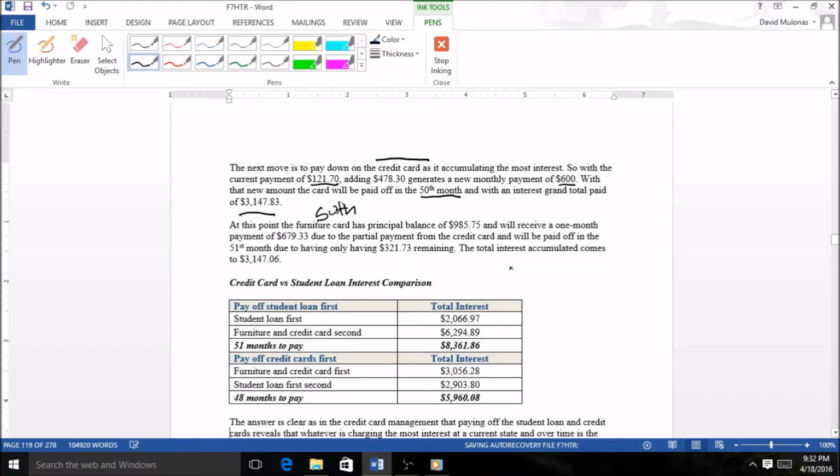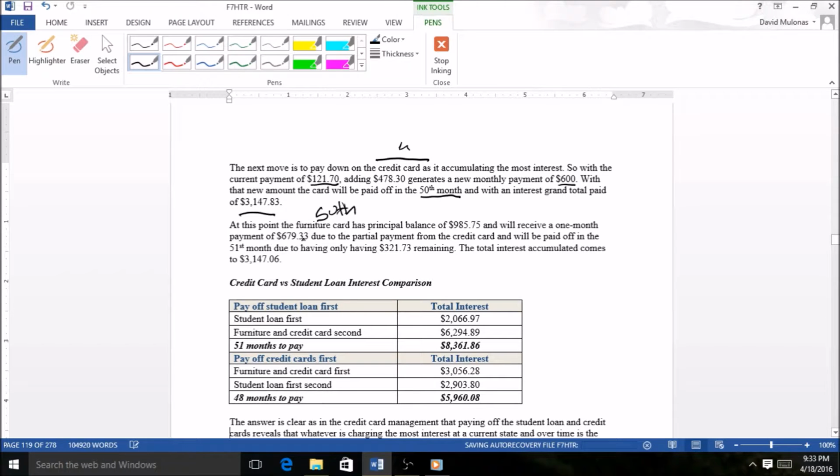So 1 month with $600 already, it's going to knock that out, because again there was a partial payment. So what we're saying here is that we had $985.75, and the 1 month $679 was a result of the normal payment and what was left over from the $600, because the entire amount of the $600 was not used in the last month of the credit card up here.